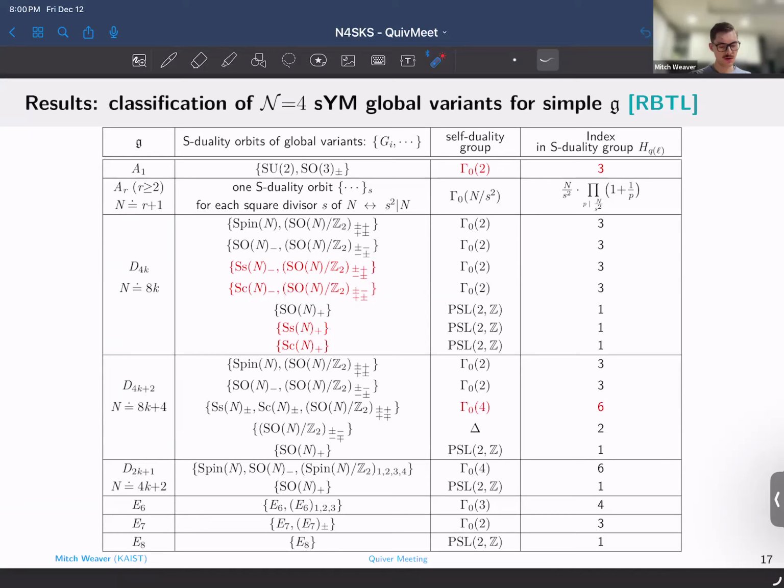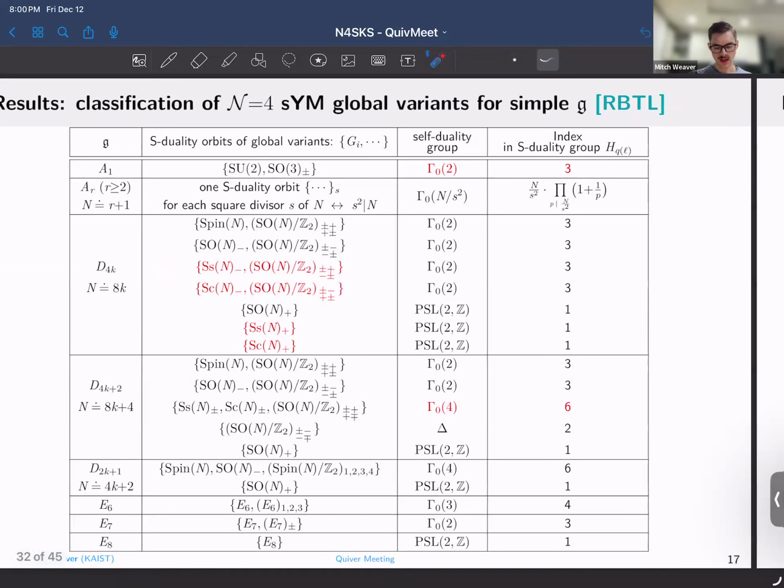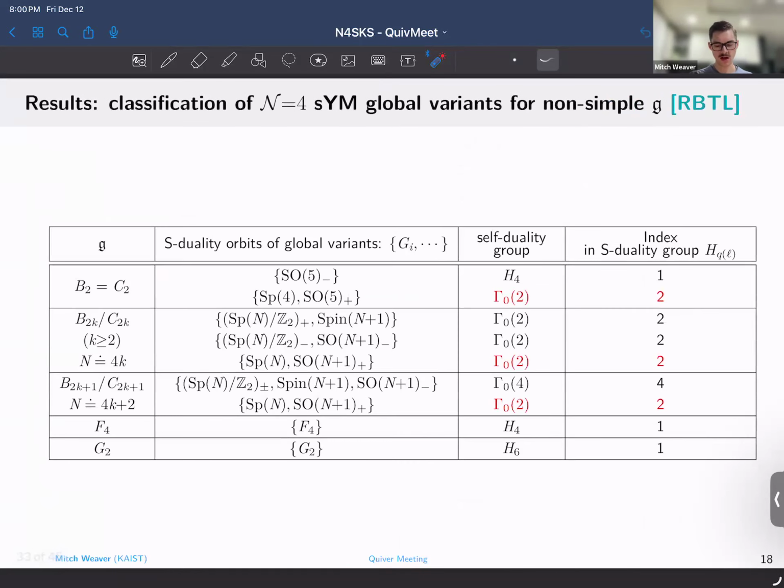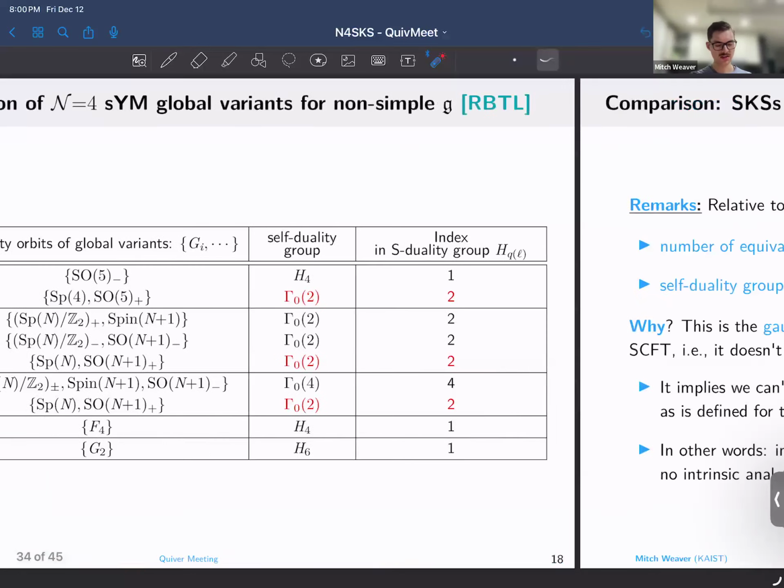So anywhere you see red here, there's a corresponding red X in the SK structure classification table. Okay, and then we also have the global variants for non-simple G. Again, you're probably all quite familiar with this. So what's actually most interesting is the explicit comparison.